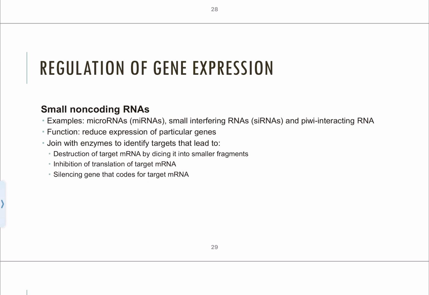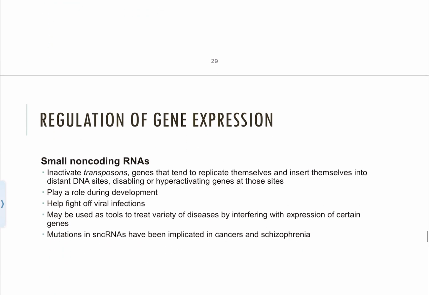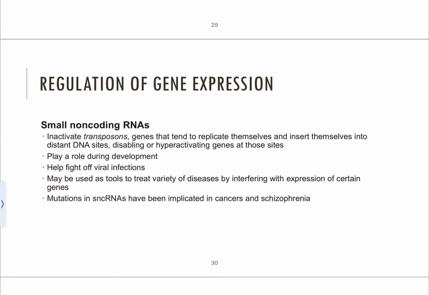For example, we can have destruction of target mRNA by dicing it up into smaller fragments. If you've ever studied the CRISPR-Cas system, that's one method that uses these small non-coding RNAs. We can also inhibit translation of the target mRNA and silence the gene that codes for the target mRNA, basically by going in and modifying histone proteins that help package the DNA.